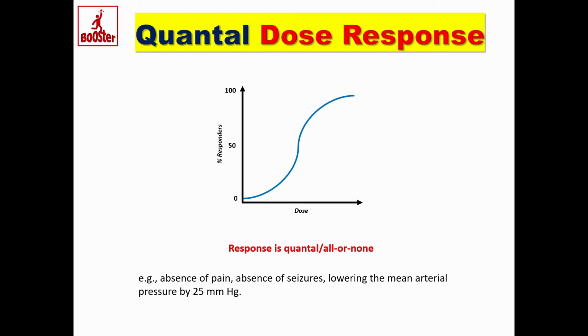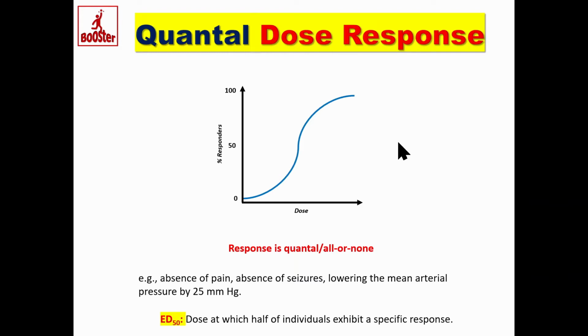Or you define a response like lowering the pressure by 25 mmHg. And you're interested in what percent of the population will show this given response at what particular dose. In this case, the ED50 will be defined as the dose at which half of the individuals will exhibit that specific response, whatever you define, like absence of pain, absence of seizures, or at least a decrease of 25 mmHg in pressure.